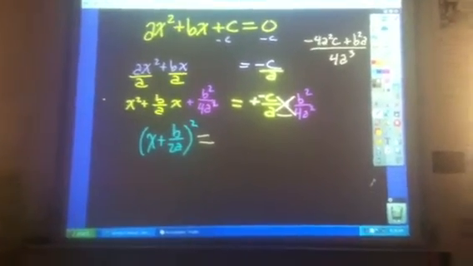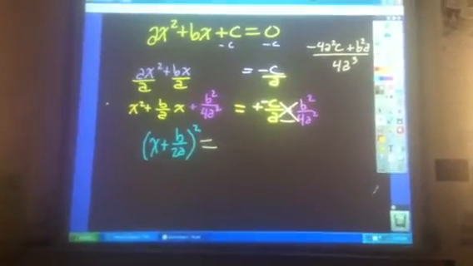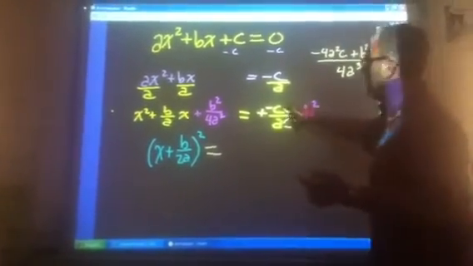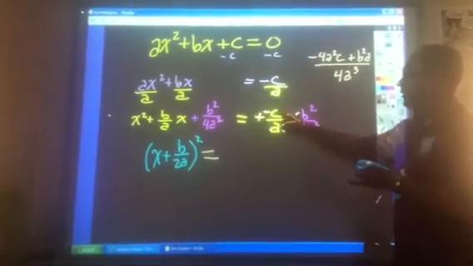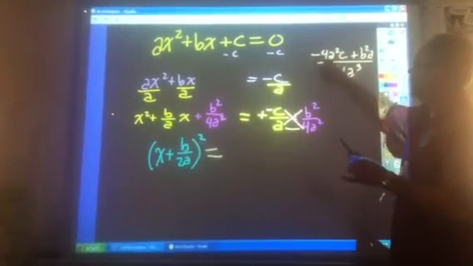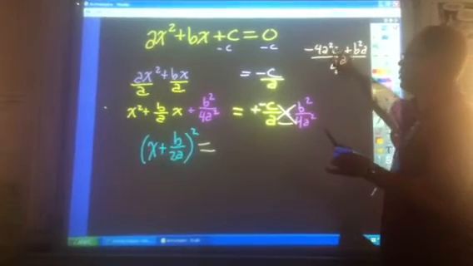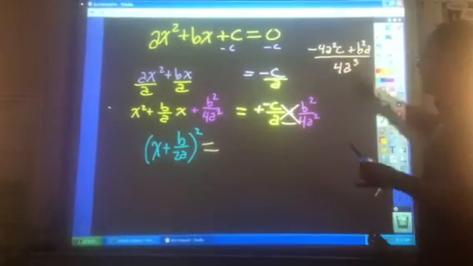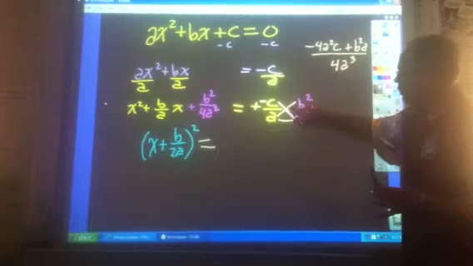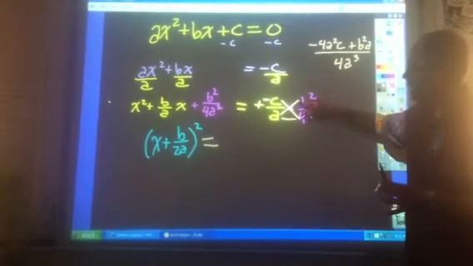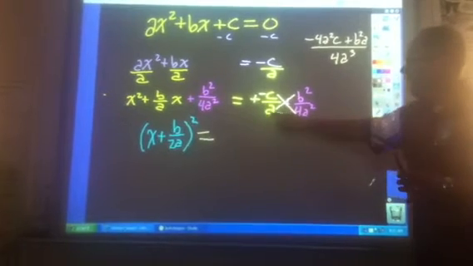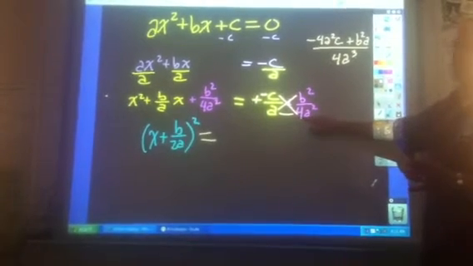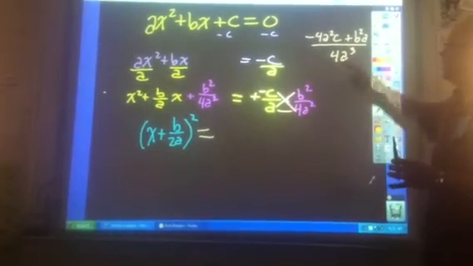Still with me? All I did is add negative c over a to b squared. Doing it my way, negative c times 4a squared is negative 4a squared c. Crossing this way, b squared times a is b squared a. On the bottom, a times 4a squared is 4a to the third.